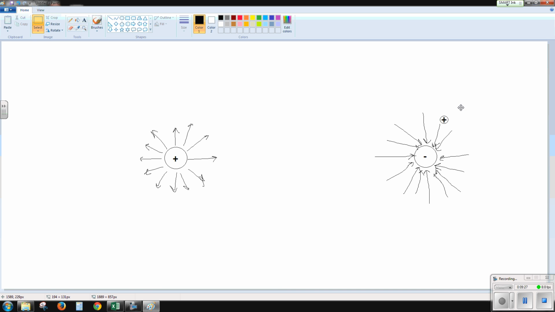If I pull my test charge closer, then I have increased it by the inverse square. So here I am. I cover half the distance. I'm now 4 times as attracted, not just twice as attracted. So that's 2D modeling.